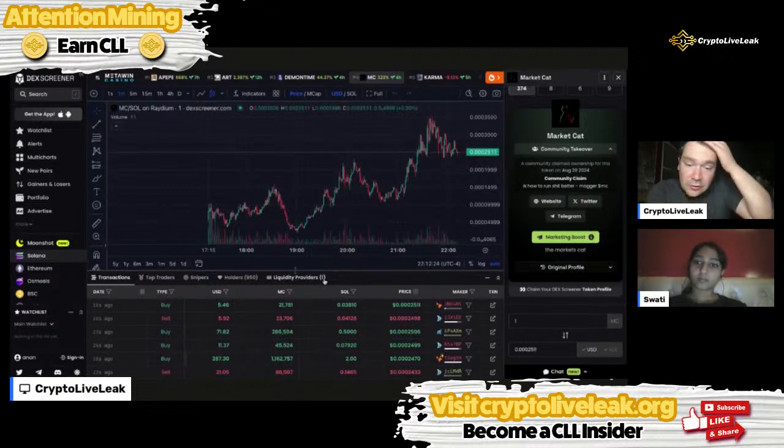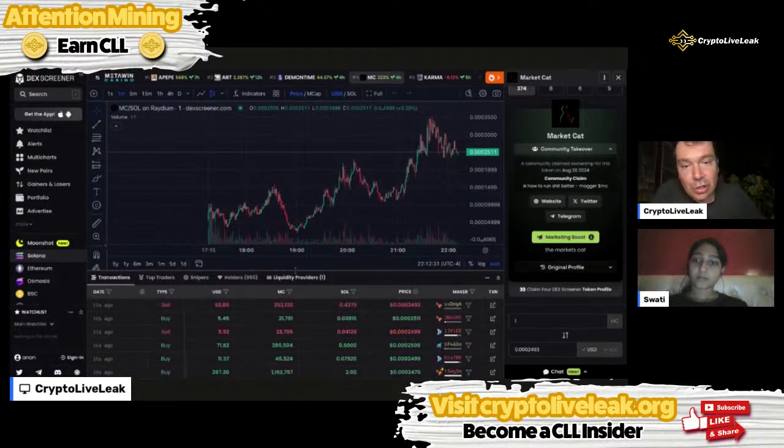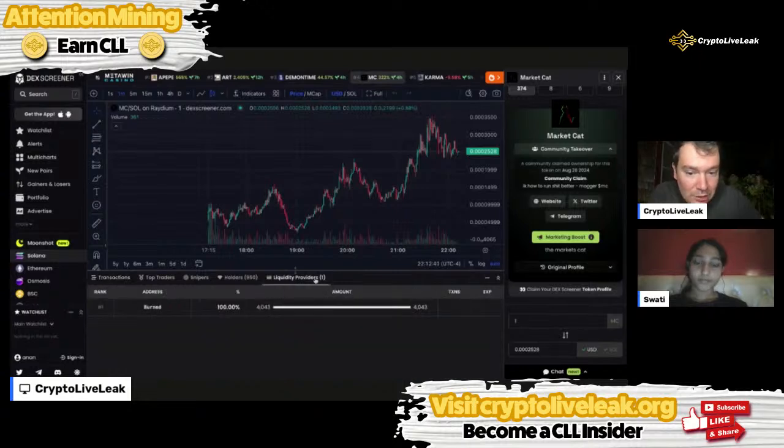For those of you unfamiliar with how DEXs and liquidity pools work, by providing liquidity into an LP, you earn a percentage of fees generated by the trading activity within that liquidity pool. So if there's only one liquidity provider here, it is 100%, right? If you came in and provided 50% of the total liquidity in this pool, you would be entitled to 50% of the fees generated by the trading activity of this pool.